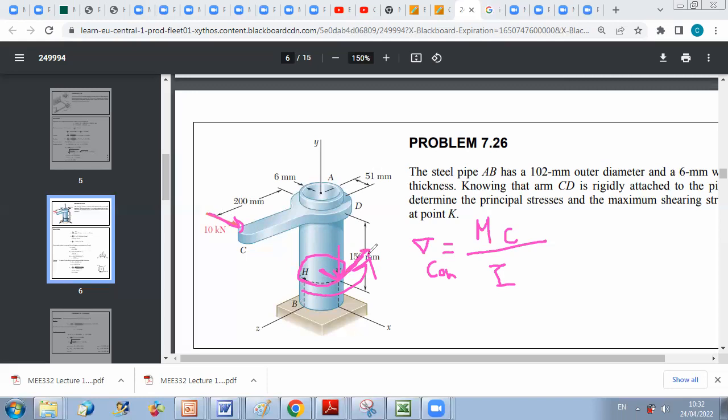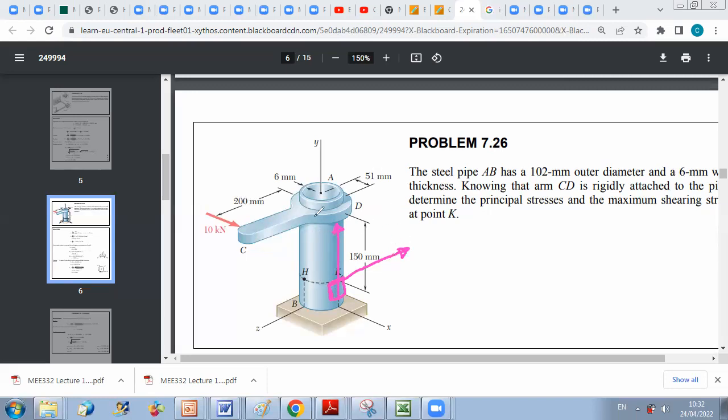So if I plot my element at K, I can draw it in this way. Let's say this is the element of interest. I can plot the axes here.